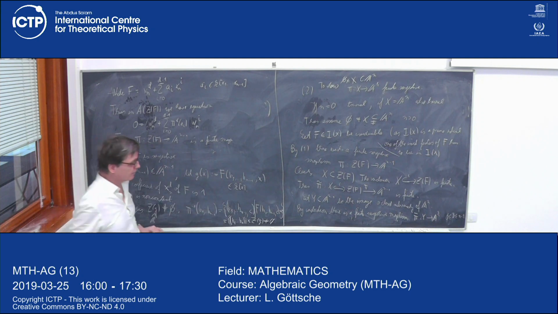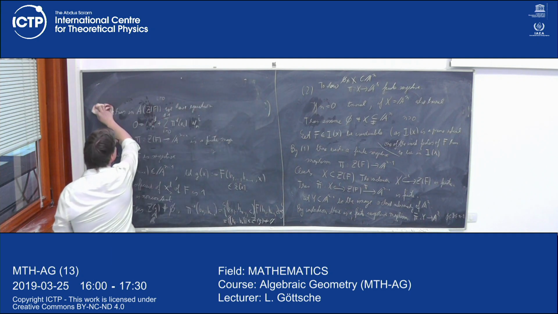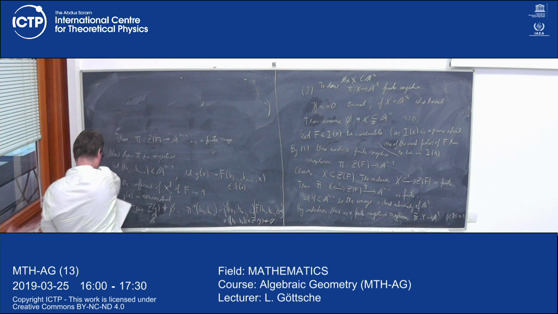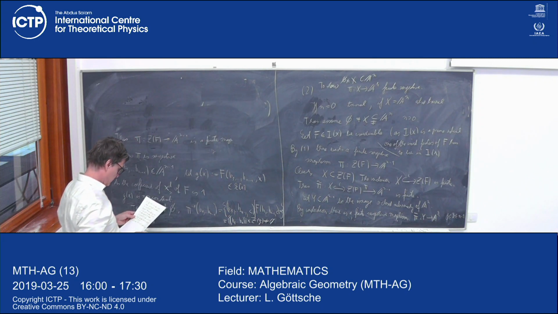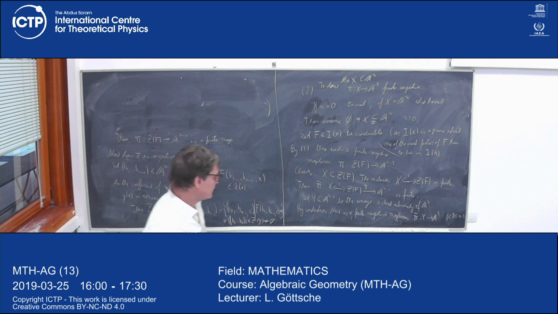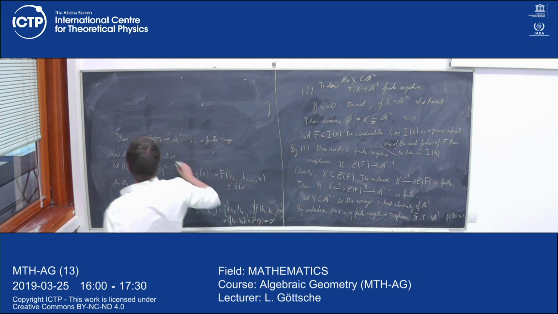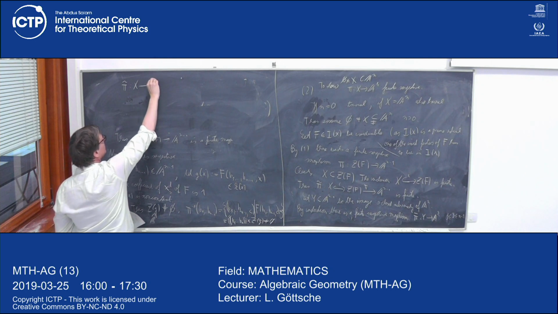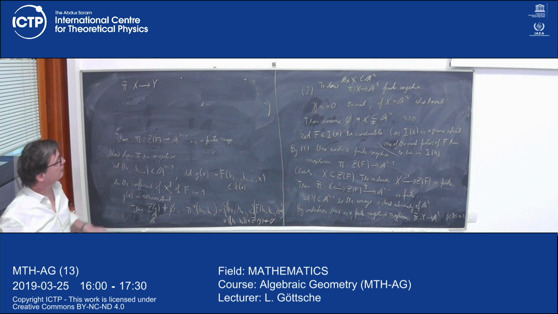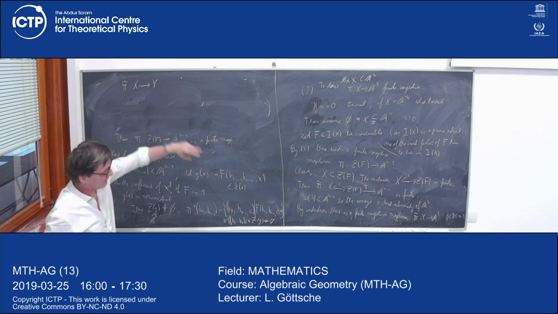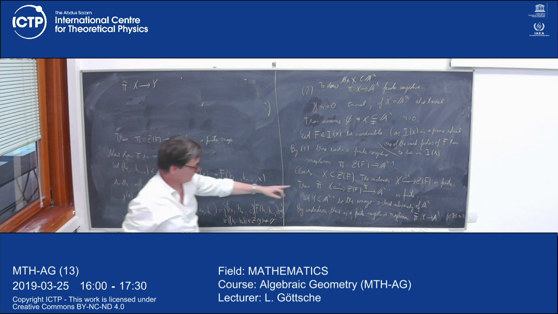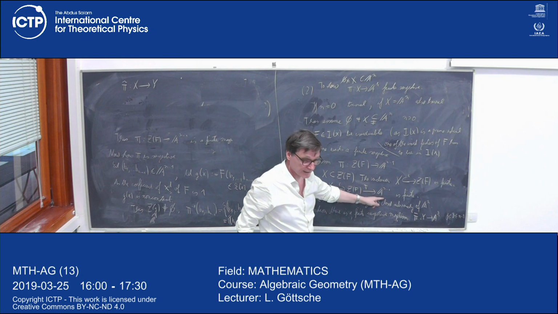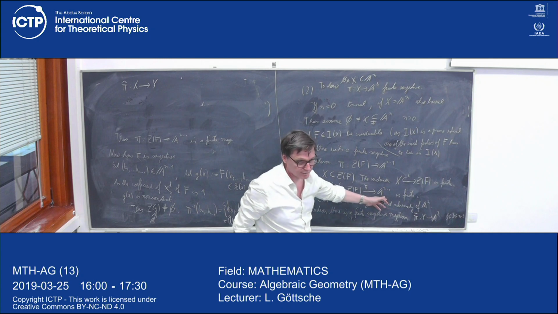And now we can just compose. If I take this map pi tilde from X, if I take it as a map to Y, it is still finite, as we know, we had this as an example, and now it's surjective because we have taken its image.